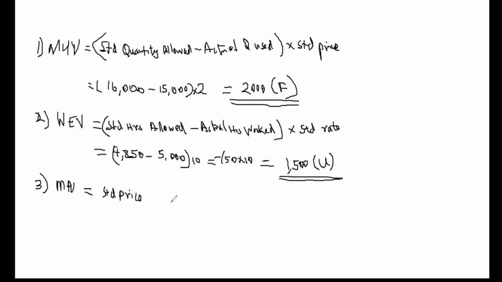Standard price minus actual price, of course, this price of material, then times actual quantity used.